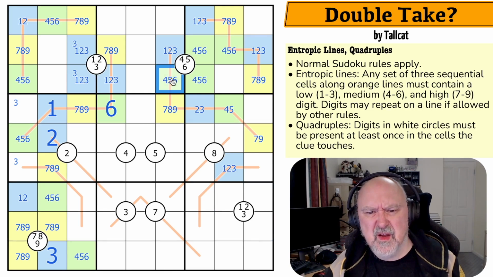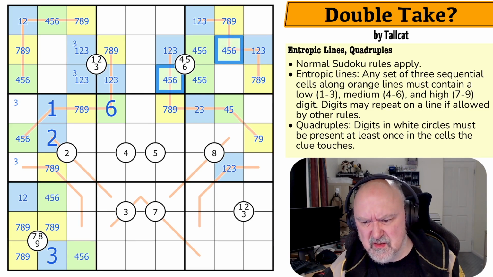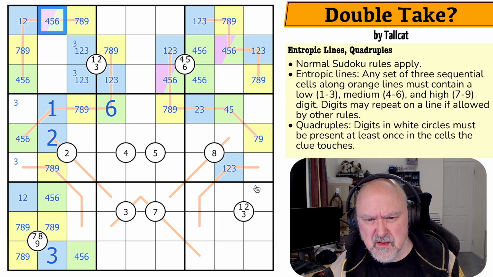Like, we know these are the same digit, and therefore that digit. This digit. Right, those are the same digit and are therefore that digit because of the way the quadruple works.